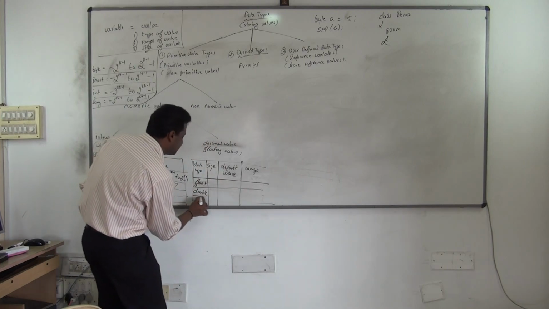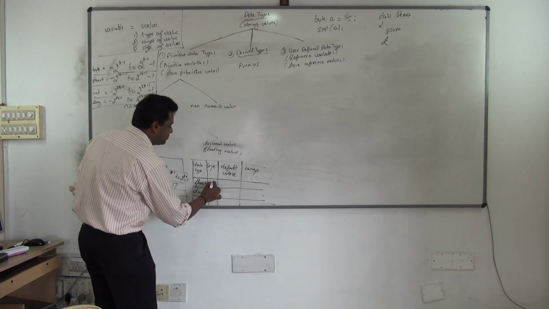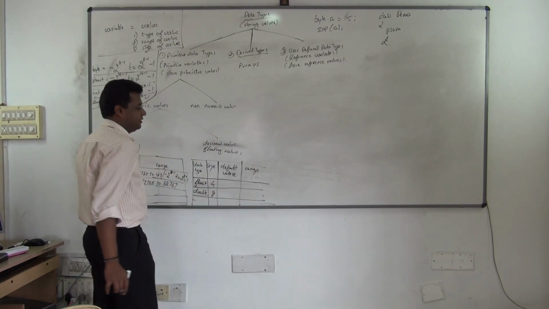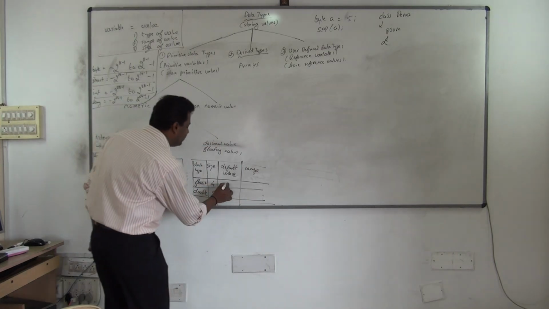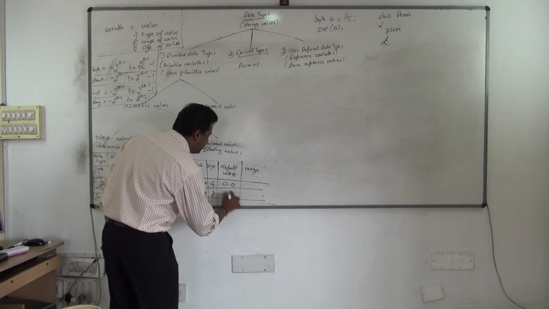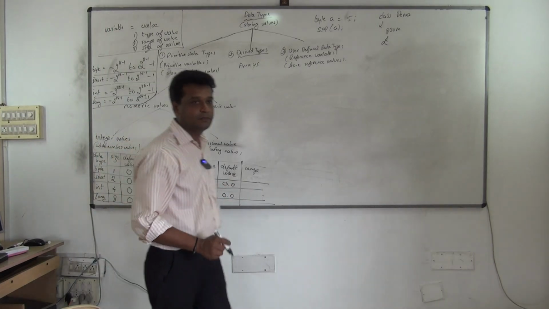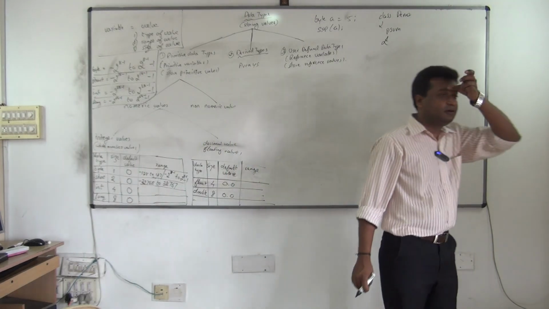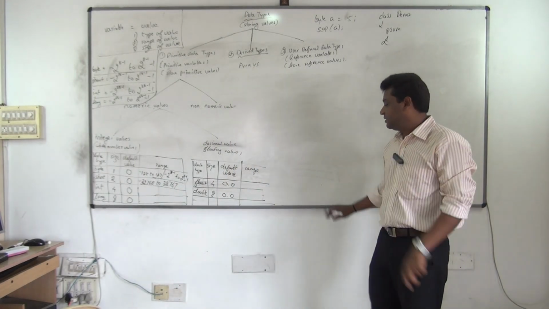We'll write the range. First we'll finish off. Size is what? 4 bytes. This one is 8 bytes. Default value will be 0.0. This also will be 0.0. Clear? Default value.